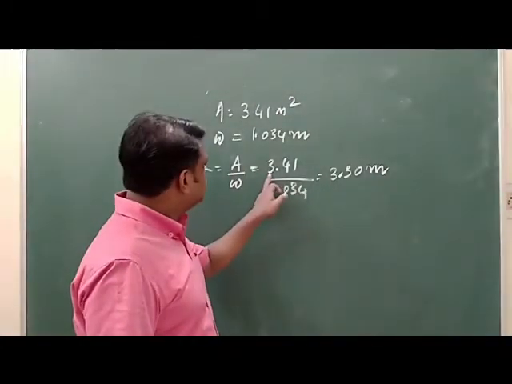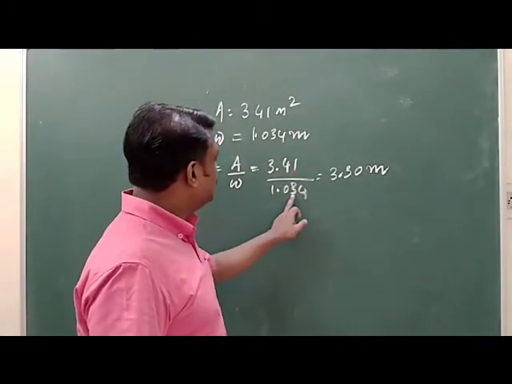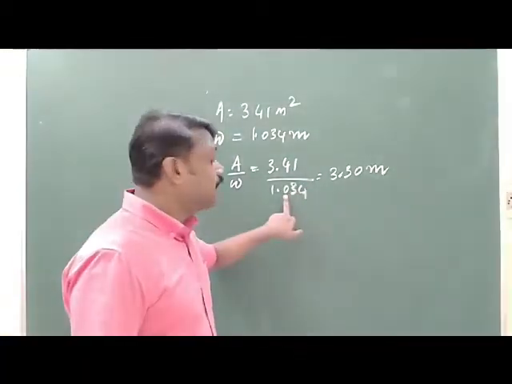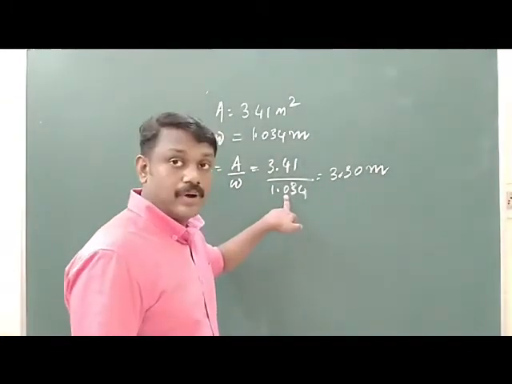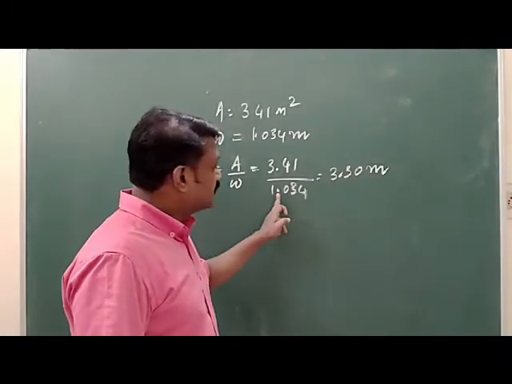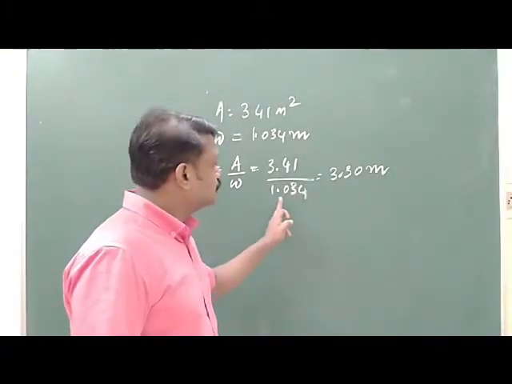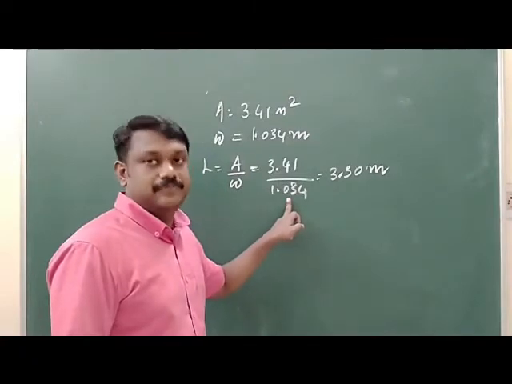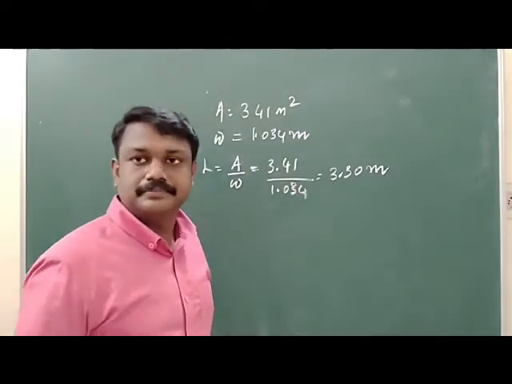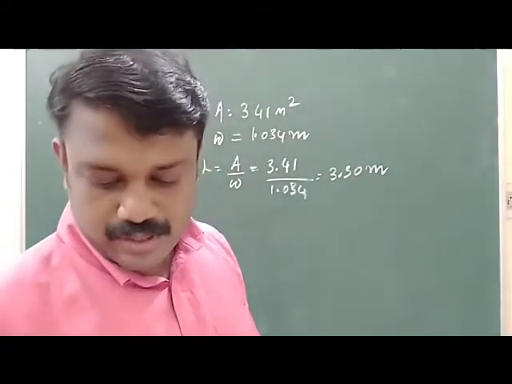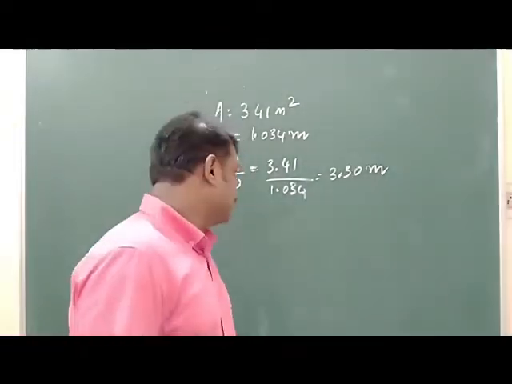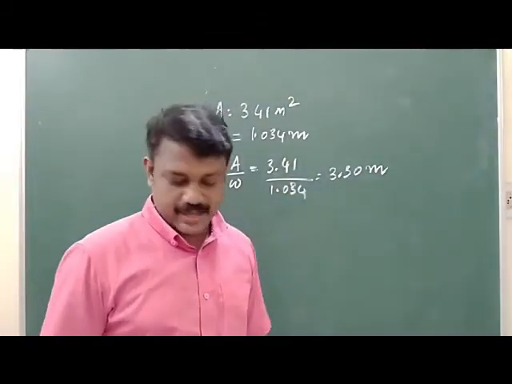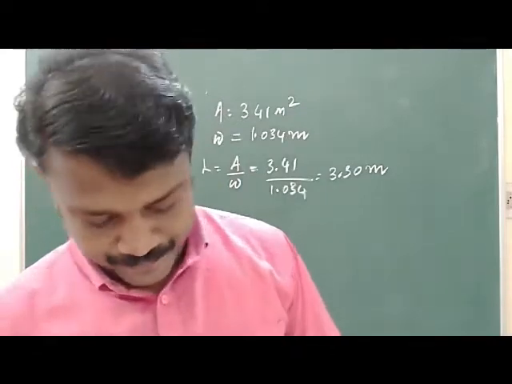Now see, this is 3, 4, 1 and this is 1, 3, 4. Both numbers have 3 significant figures. This 0 cannot be taken as a significant figure. Why? Because a zero after the decimal point, to the left of a non-zero digit, cannot be considered a significant figure. So the final answer should be in 3 significant figures, that will become 3.30 meter. Okay. So that is question number 40.